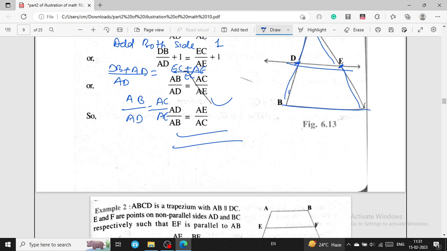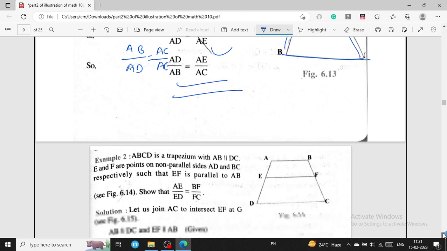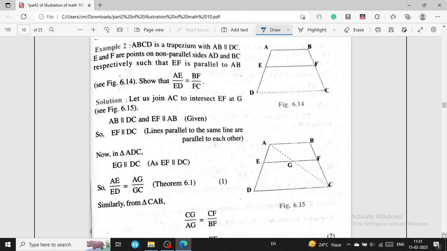Now in the next illustration, we have been given a trapezium. ABCD is a trapezium in which AB is parallel to DC, and E and F are points on the non-parallel sides AD and BC respectively, such that EF is parallel to AB. We have to prove that AE over ED is equal to BF over FC.